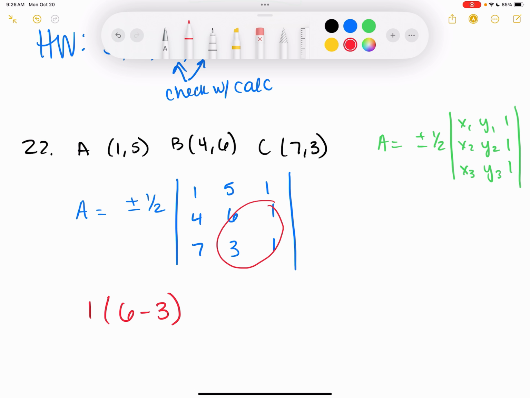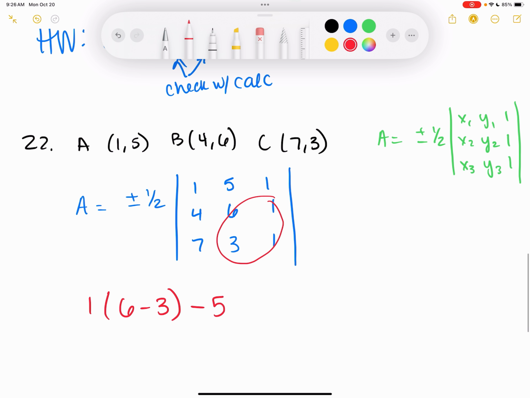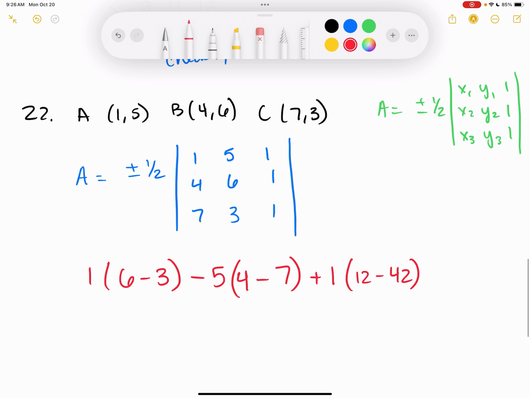Minus 5 times the outer ones. So 4 times 1 is 4, minus 7 times 1 is 7, and then plus 1 times this stuff over here. So I've got 4 times 3 is 12, minus 7 times 6 is 42. So I've got 3, and then this is negative 3.